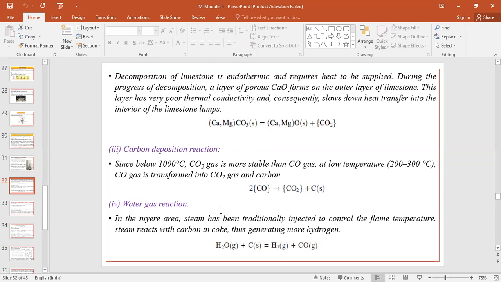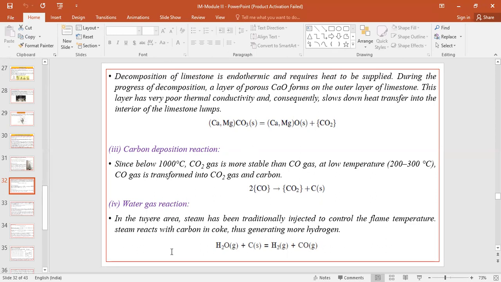And apart from that, a water gas reaction also takes place, especially in the cooler area. Whenever we send steam, steam is basically sent at the tuyere part of the blast furnace to control the raft temperature, that is the temperature prevailing in front of the tuyeres.